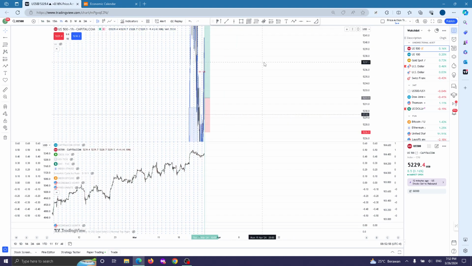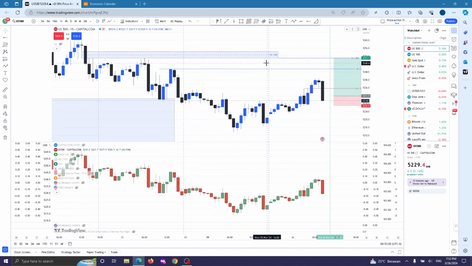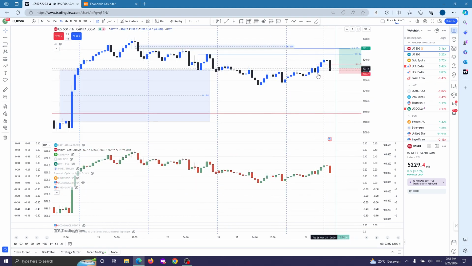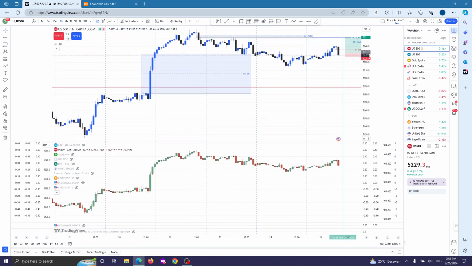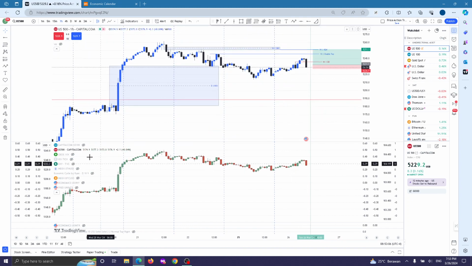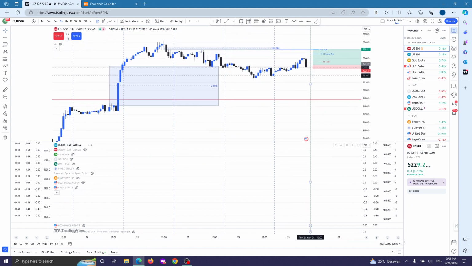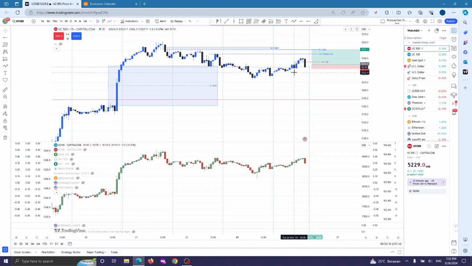Which long looks better? This does not look good. We do have a gap here. A new week opening gap.